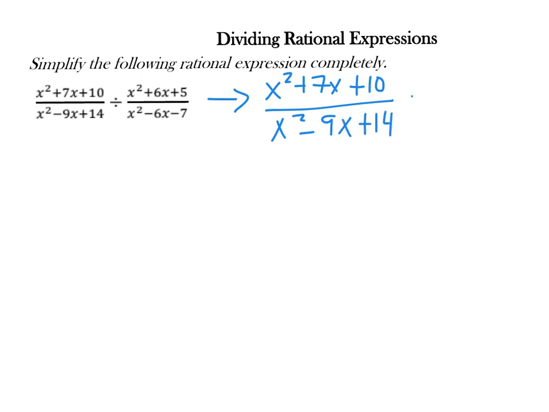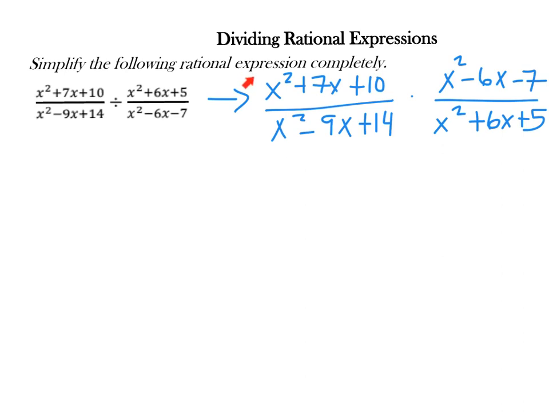I'm going to change the symbol to multiplication, and then I'm going to flip the second fraction as x squared minus 6x minus 7, and in the denominator, I now have x squared plus 6x plus 5. Now that I have it as a multiplication problem, I can find the factors for each one of those polynomials, and then I can start canceling the terms that they have in common. So I'm going to do that next.